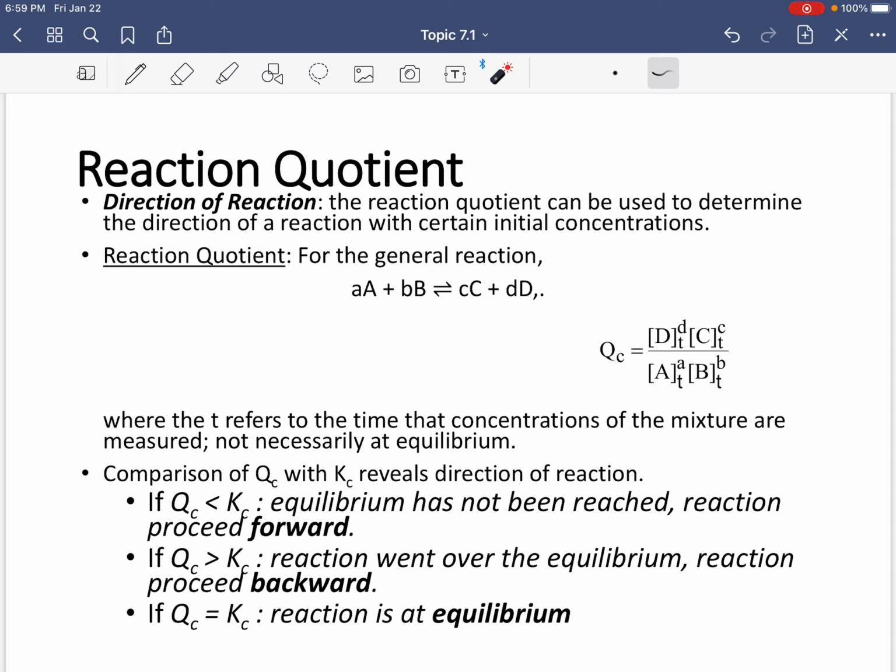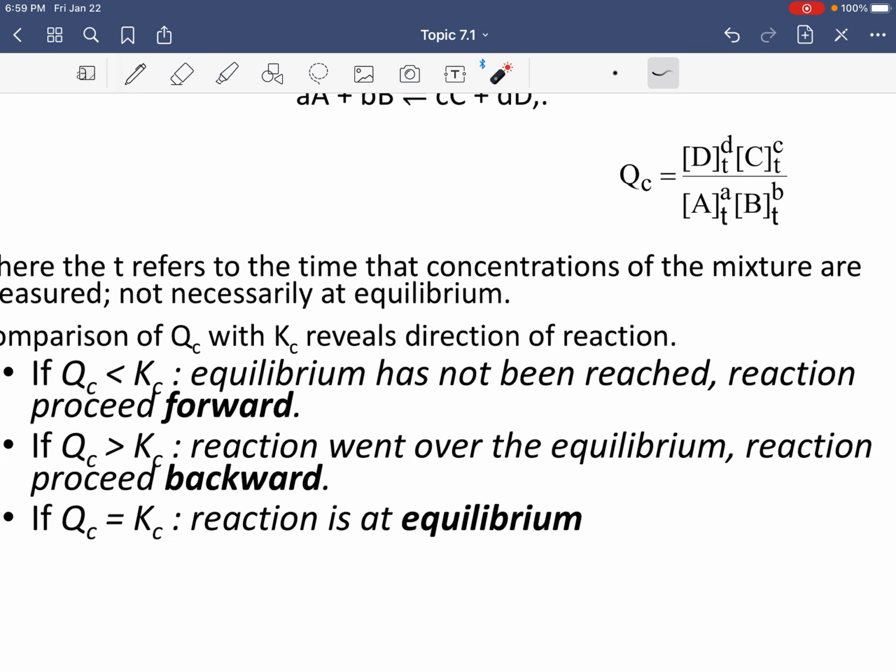If Qc is less than Kc, the reaction has not reached equilibrium yet. That's pretty obvious, because the numerator is the product, and we haven't got there yet.